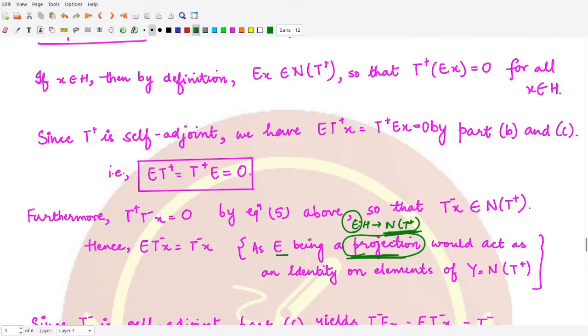Suppose y is some element of this null space, so E of y would be y whenever y is a member of the null space of T positive. So using this result, because T negative x is a member of the null space of T positive, we have E of T negative x is equal to T negative x only.